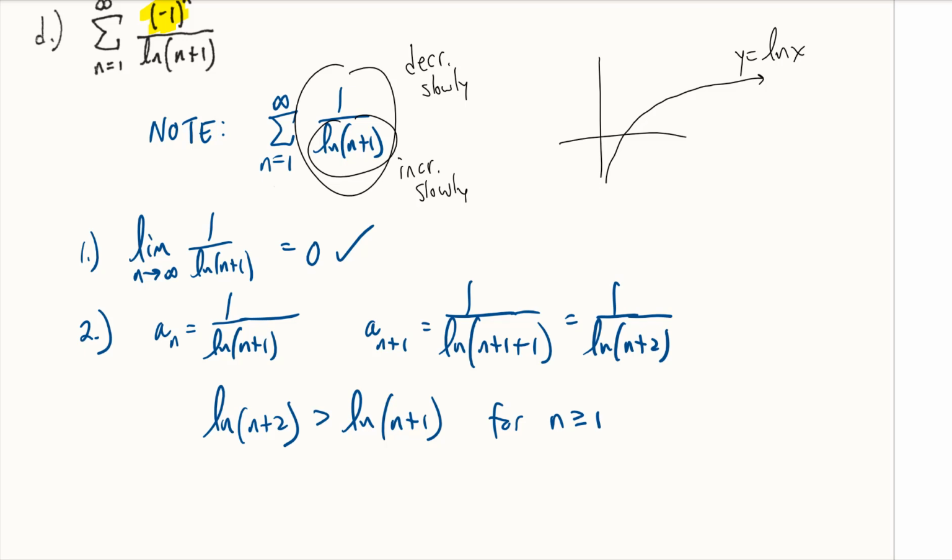So the natural log of 3 is bigger than the natural log of 2. I think that's true, right? So the natural log function looks like this. Therefore, 1 over the natural log of n plus 2 would always be smaller than 1 over the natural log of n plus 1. In other words, the terms will be decreasing.